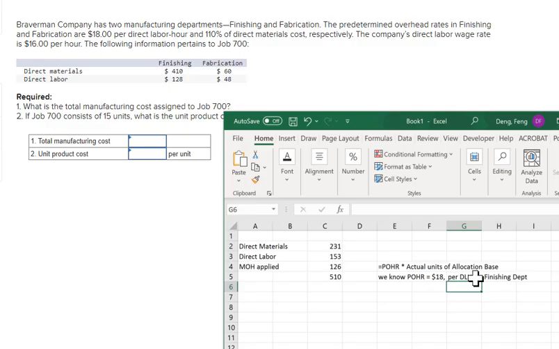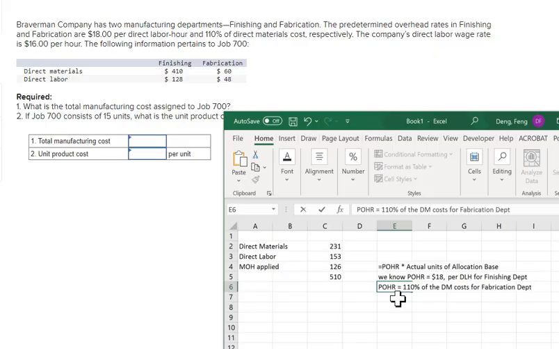And also the predetermined overhead rate equals 110% of the direct material costs for the fabrication department. Okay, so we know that.